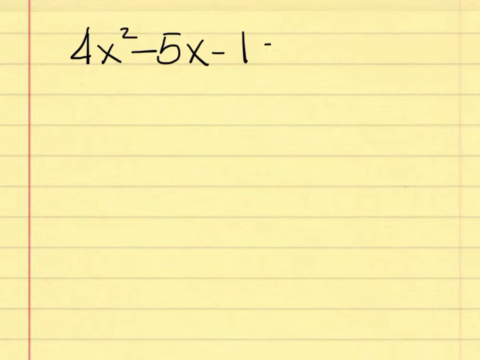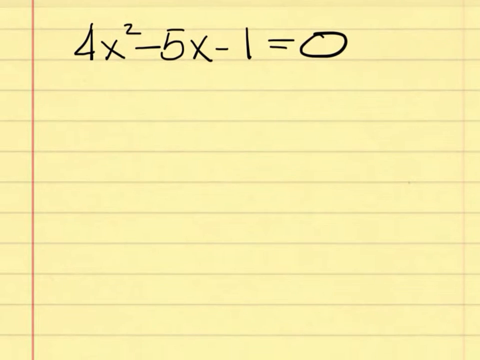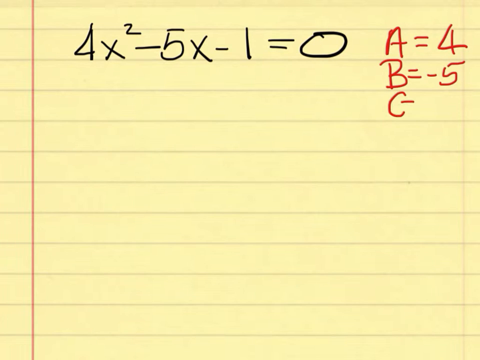This problem is 4x squared minus 5x minus 1 equals 0. Can somebody tell me what A, B, and C are? Sprague. That's right.